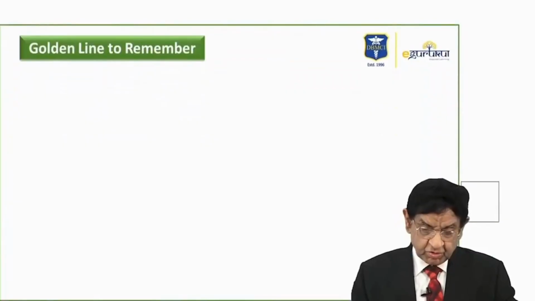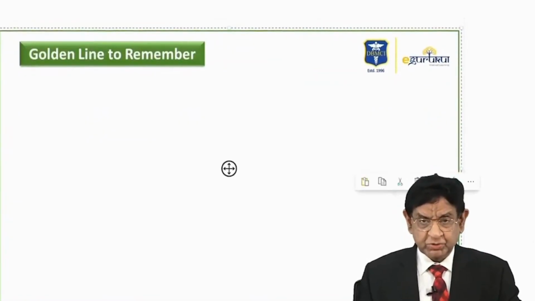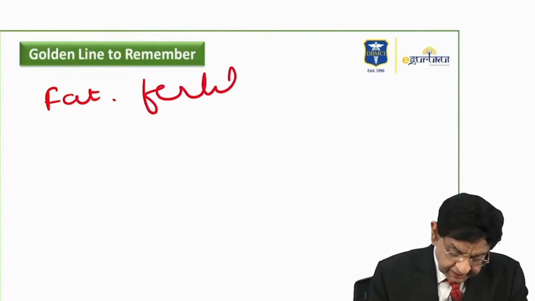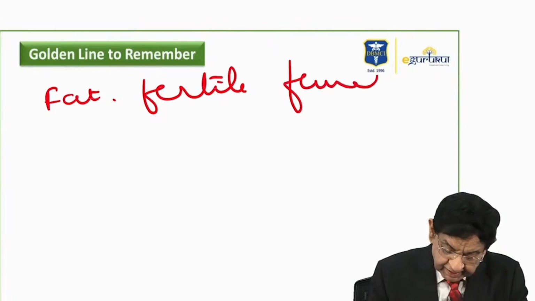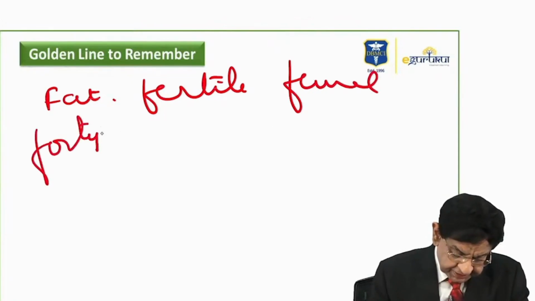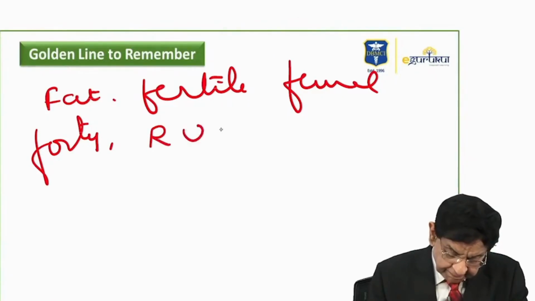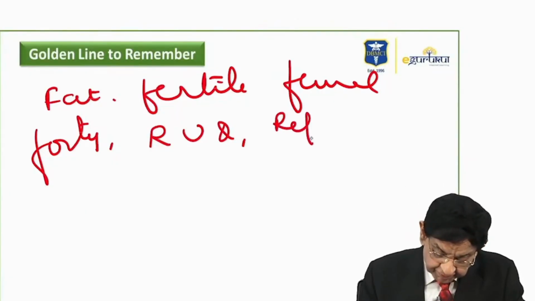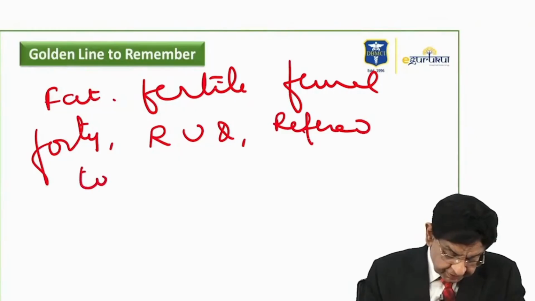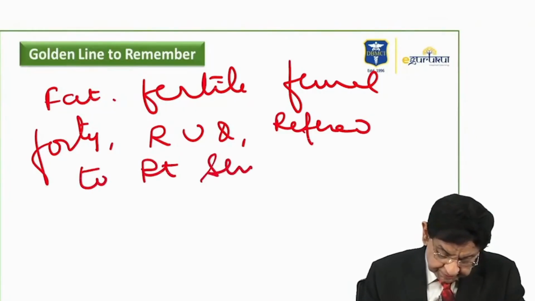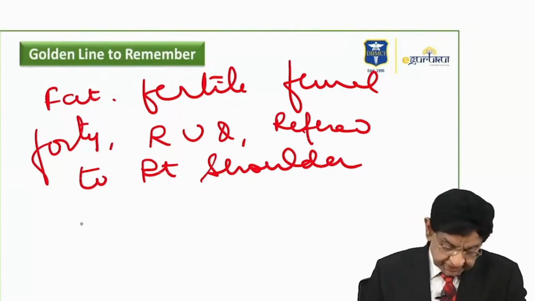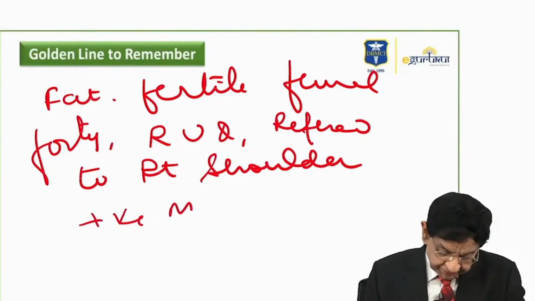So friends, the golden line to remember about gallstones, which I told you: a fat, fertile female of 40 years coming with right upper quadrant pain, which is referred to the right shoulder, with positive Murphy's sign.